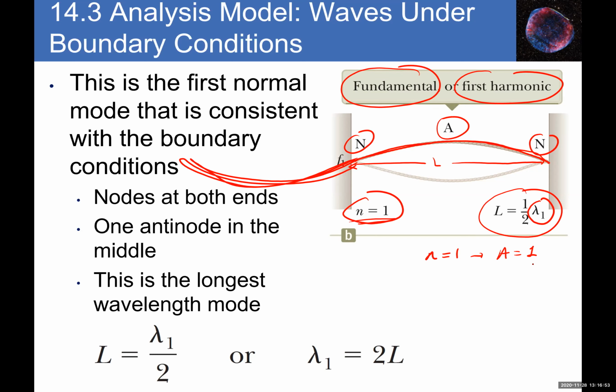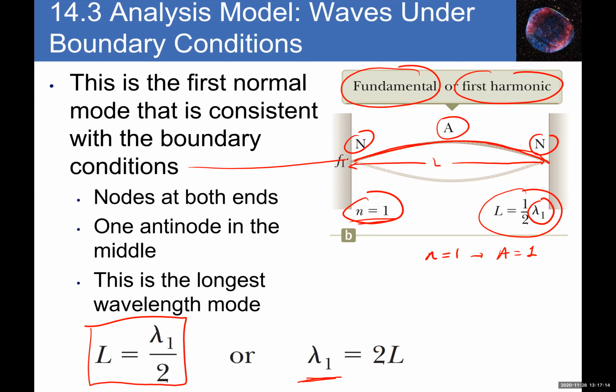And in this length L, that means on the string, we only get the shape for half a wavelength. So rearranging this, you can see that in 1 L you get only half of the wavelength. That means to get a full wavelength, we need twice the length of the string.